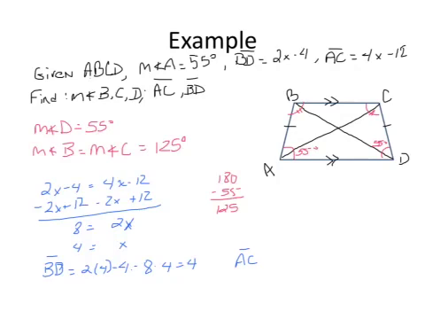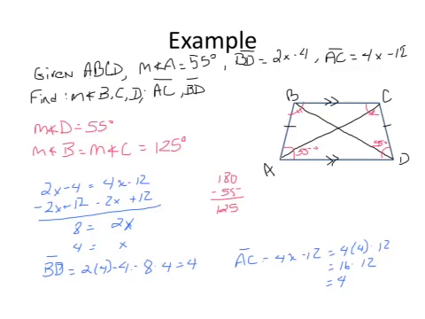AC is 4x minus 12, which is 4 times 4 minus 12, which is 16 minus 12, which is 4 units, whatever those units happen to be. We haven't attached units to this, but 4 units of whatever we're measuring in will be the length of both BD and AC. So hopefully that helps you work through some isosceles trapezoid problems.